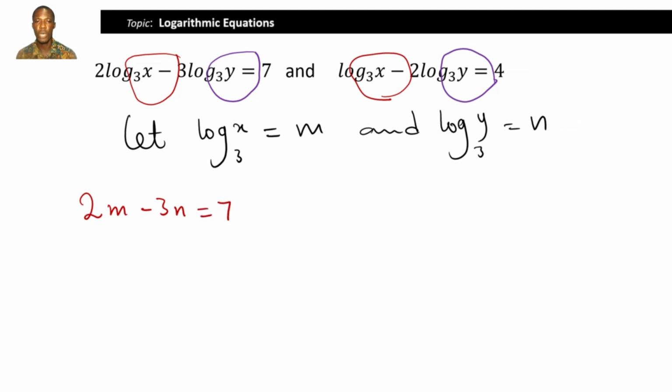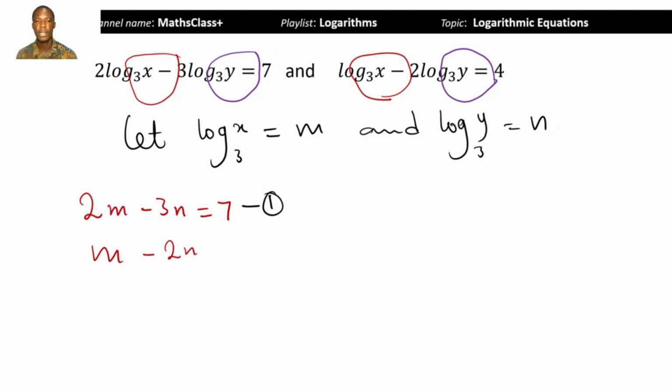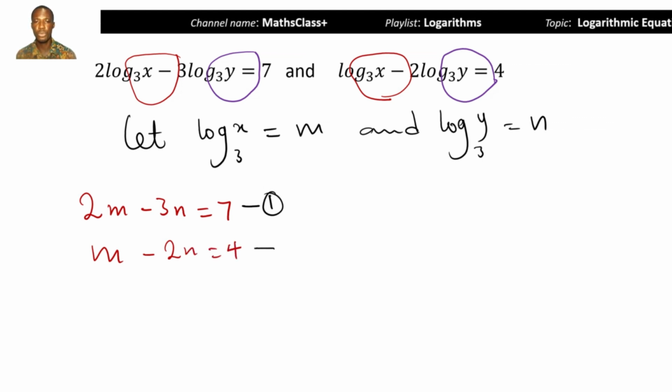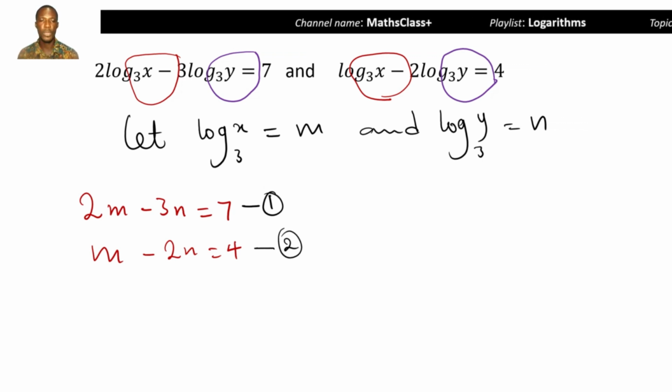That's our equation 1. And then the second one, we have m minus 2n is equal to 4, being our equation 2. So from here, we see how we solve the two equations simultaneously.